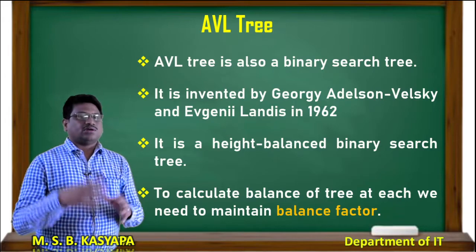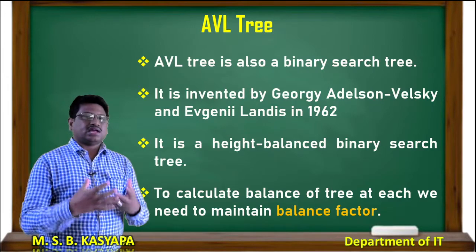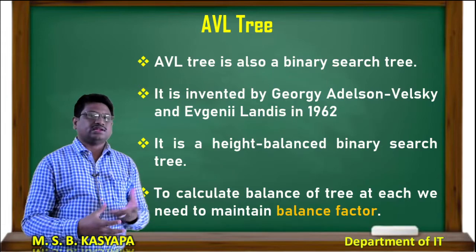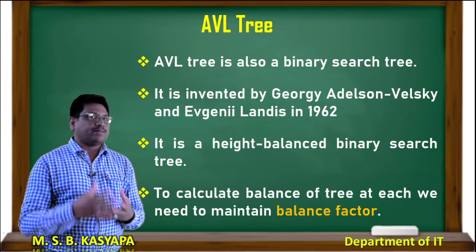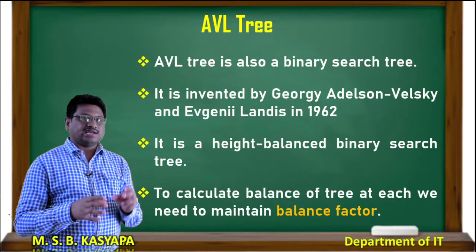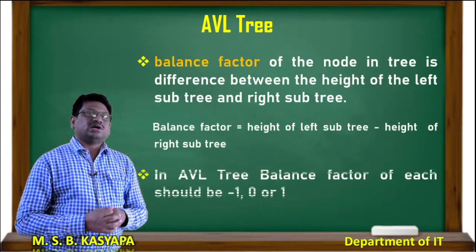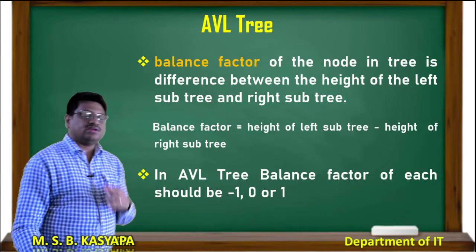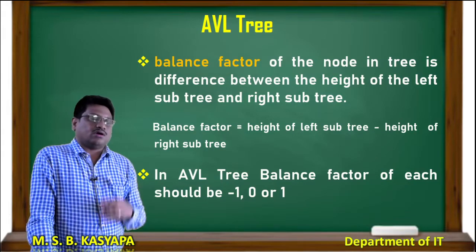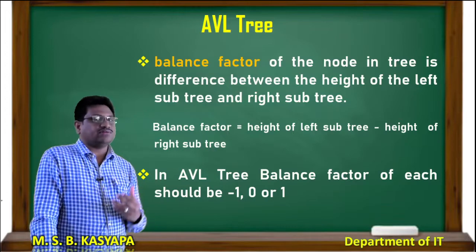Now see how to calculate this height, or this balance. It is called the balance factor. Each and every node has a balance factor, and according to the balance factor the height balance of a tree is measured. Now what is the balance factor, and how do we find it?